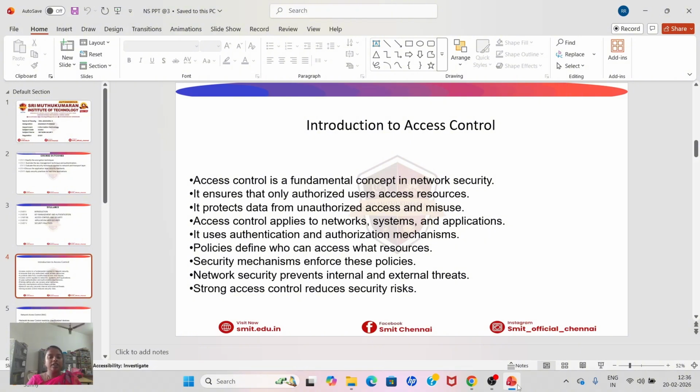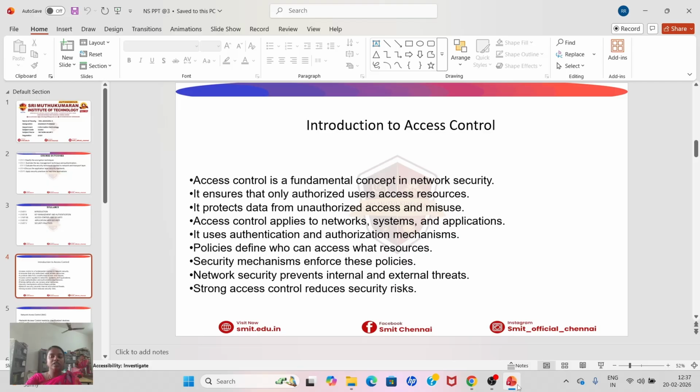Network security prevents internal and external threats. Strong access control reduces security risk. The basic components of access control are subject, object, access right, policy, and mechanism. Subject deals with the entity requesting access, like a user and a process.